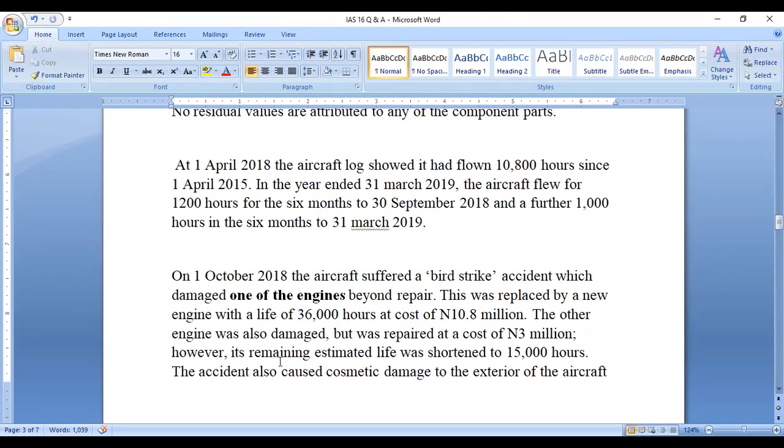So what will be the depreciation for the new engine? The depreciation is going to run from October 2018 to 31st March.